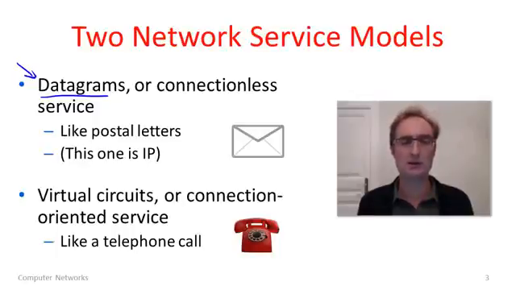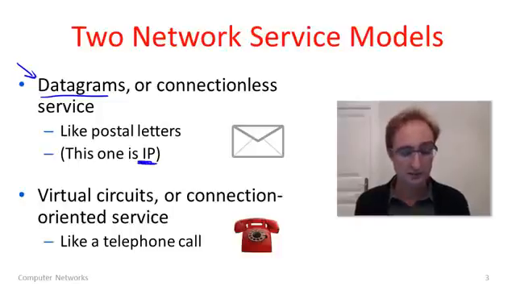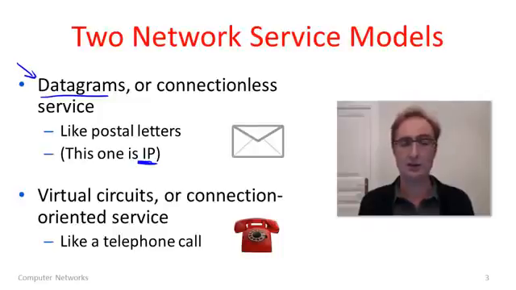So datagrams are just like sending letters through the postal system. They're self-contained units. You send them, you write your letter, you seal it up, you hand it to the post office. They're all treated individually. The post office delivers them by looking at the address and sends them on their way. This is very much like IP. IP is based on a datagram service. And that's really the way you might have expected the internet to look because of that.